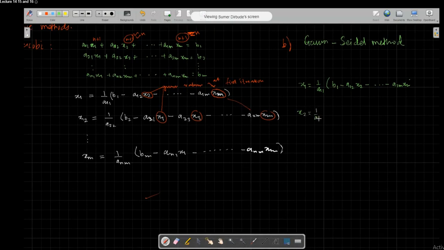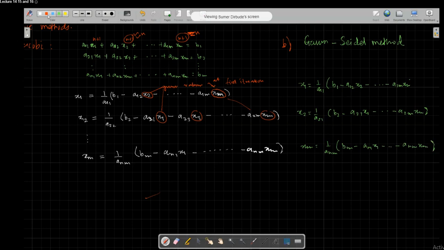Then x2 is 1 over a22 times b2 minus a21 x1 minus up to a2n xn, and xn is equal to 1 over ann times bn minus an1 x1 minus up to minus ann-1 xn-1.